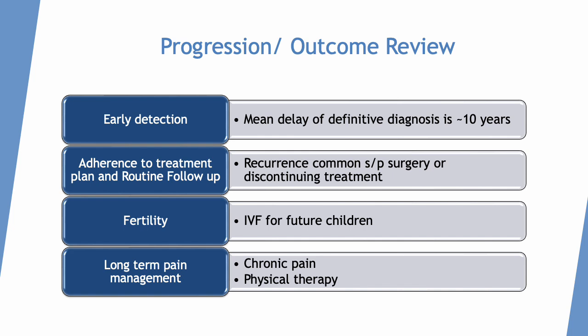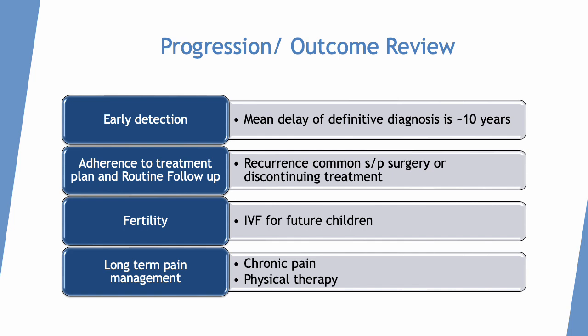It's also important for PN to adhere to her treatment plan, so whatever medications are prescribed for her, and then also keep following up because it's really common to have recurrence of endometriosis. And if she does end up having surgery, she needs to adhere to the post-surgical instructions to avoid any complications or infection.